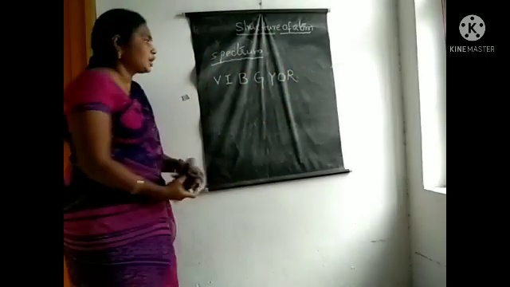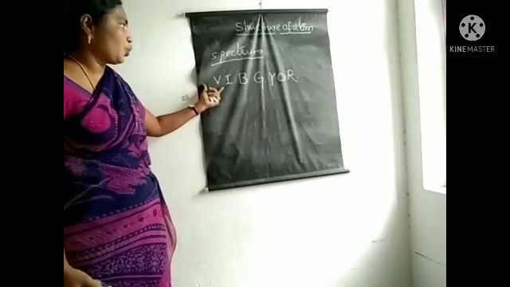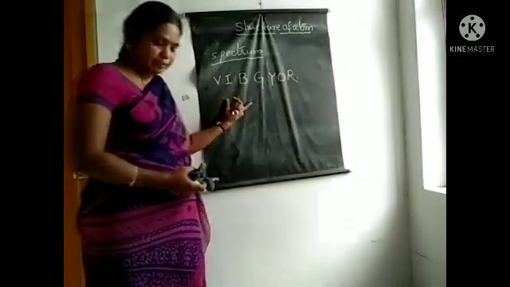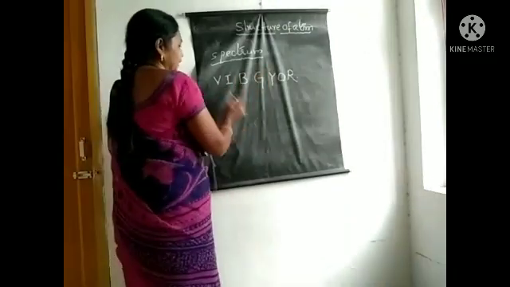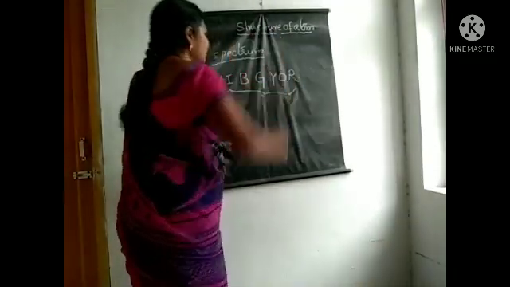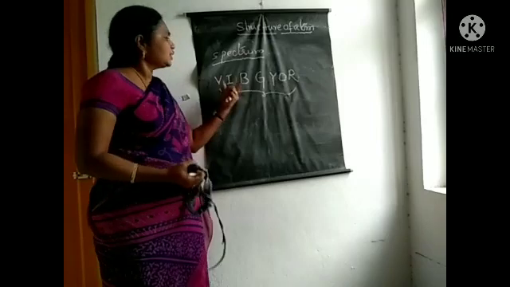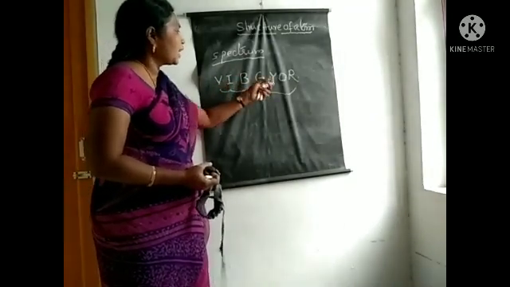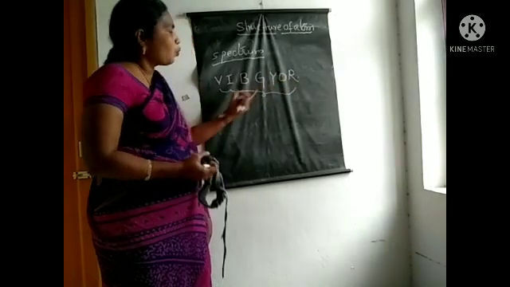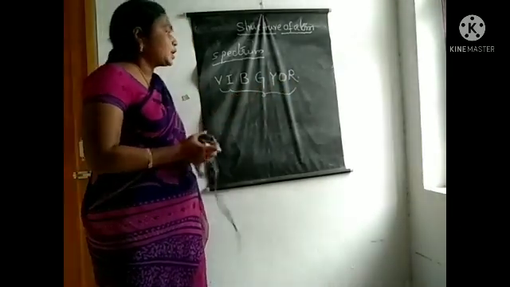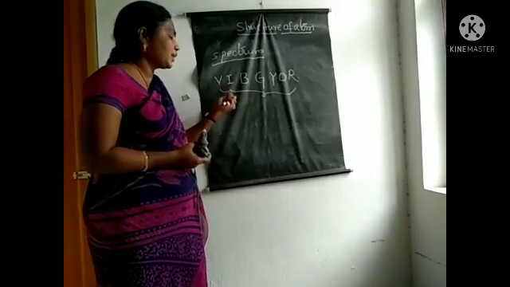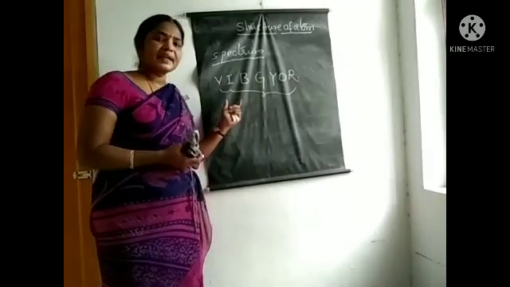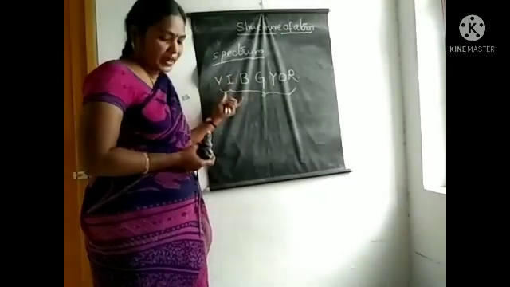These are the colors you observed in the rainbow. This is called a spectrum, VIBGYOR. How is it formed? Why do these colors appear? These are interesting topics you learn in the human and colorful world.